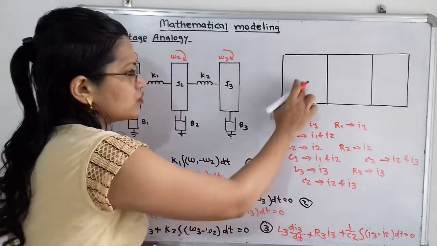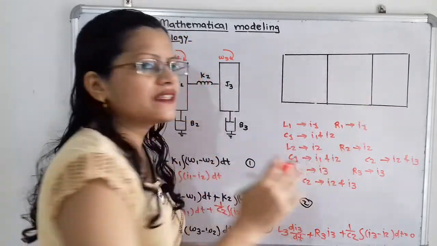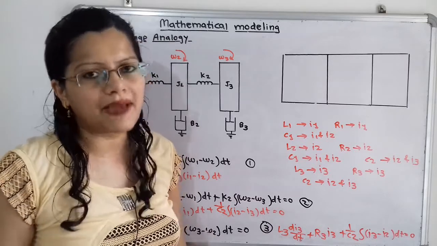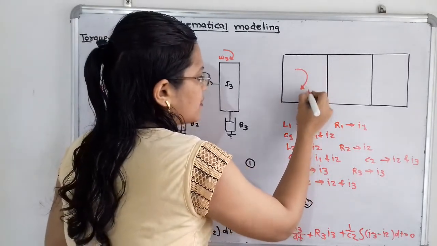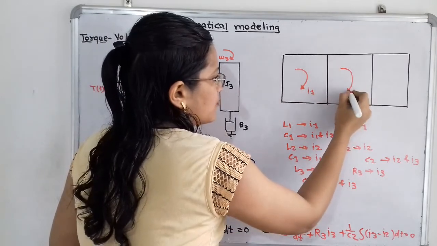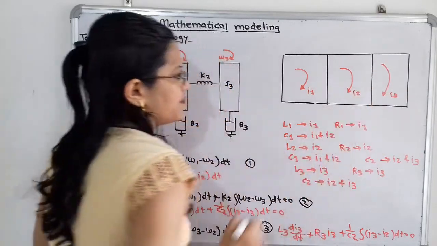This is the first loop, second loop and third loop. In these three loops, three different currents are flowing because they are parallel to each other. In the first loop current I1 is flowing, in the second loop current I2 is flowing, and in the third loop current I3 is flowing.